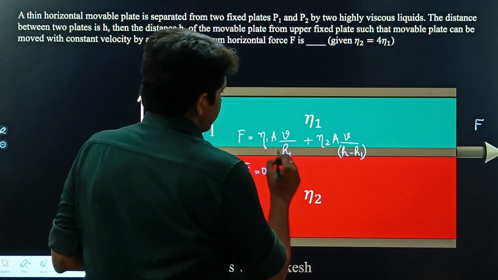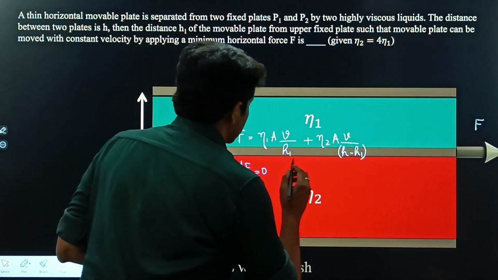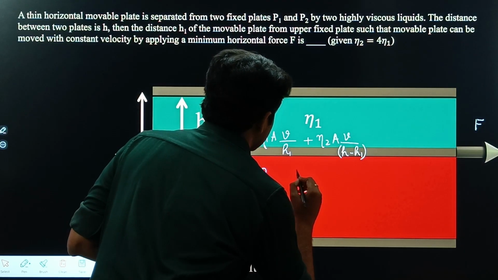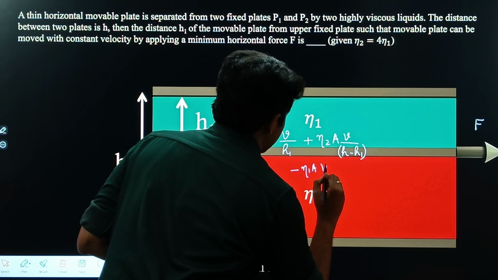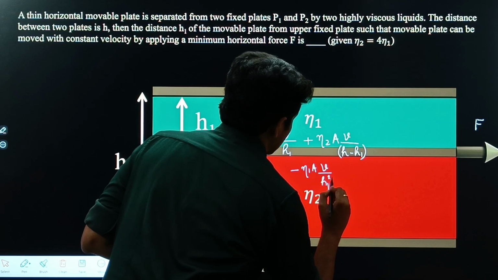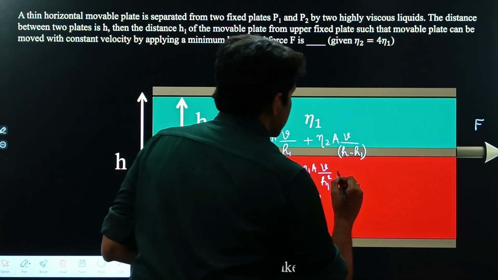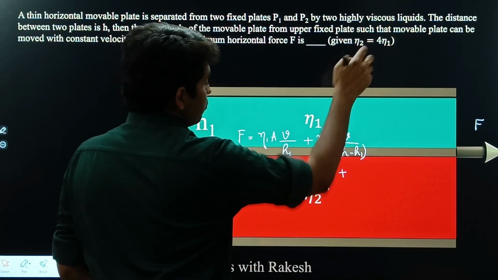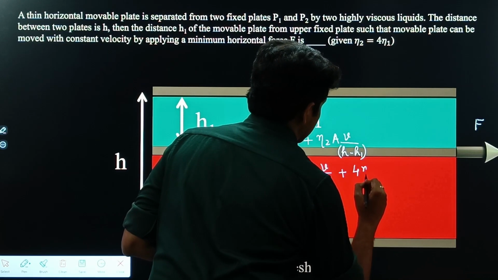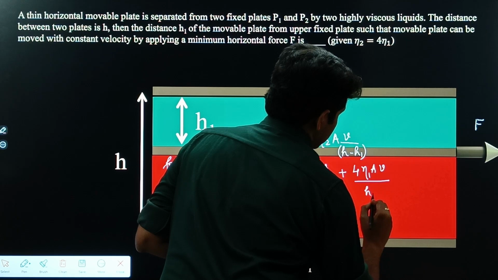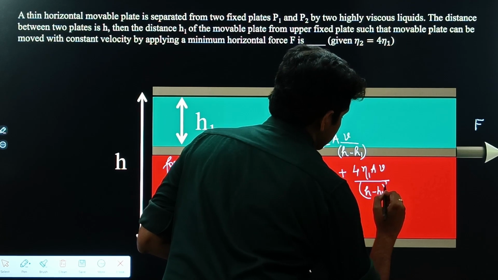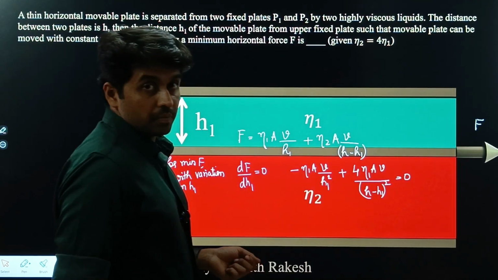If we just differentiate this, I'll get minus eta 1 A V by h1 square, plus eta 2, which is 4 times eta 1, by h minus h1 whole square, must be equal to 0.